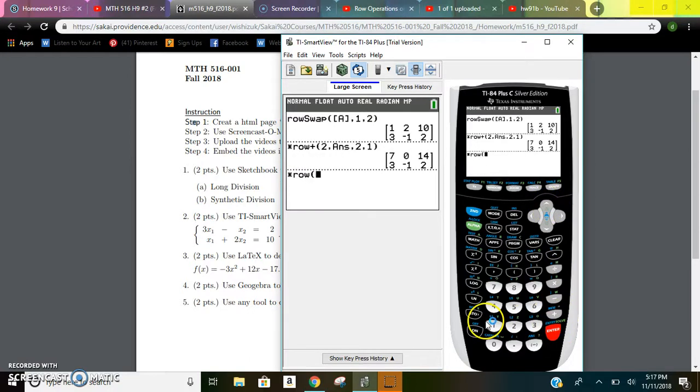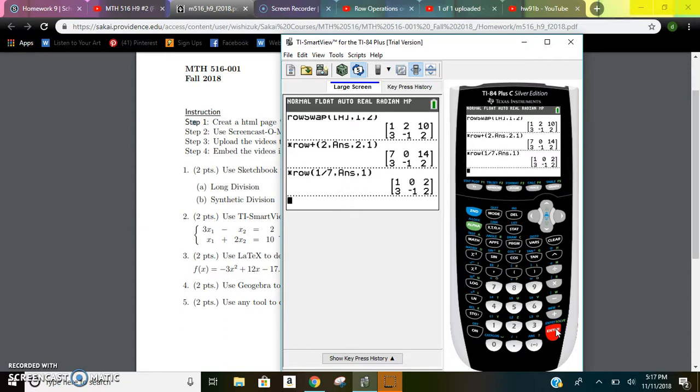To divide by 7, we're going to multiply by 1/7, comma, which matrix? The previous answer, comma, which row? The first row. Okay, so that looks good.